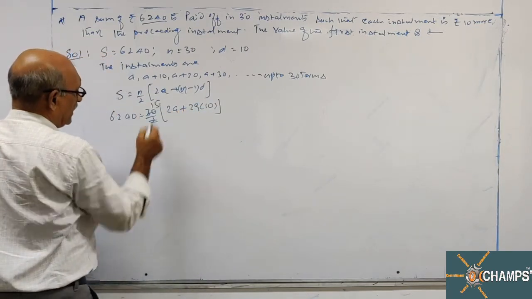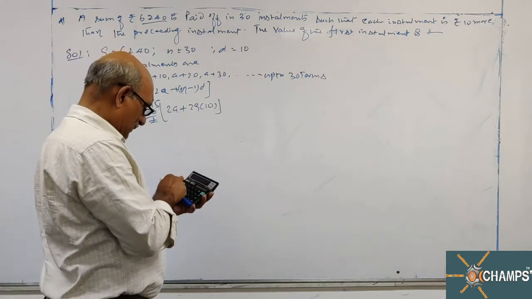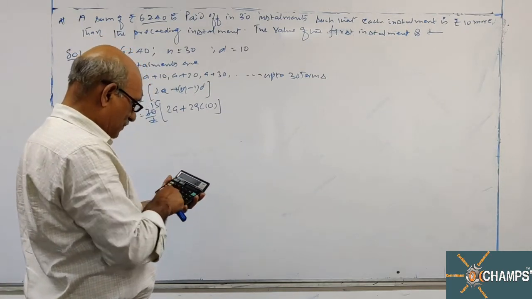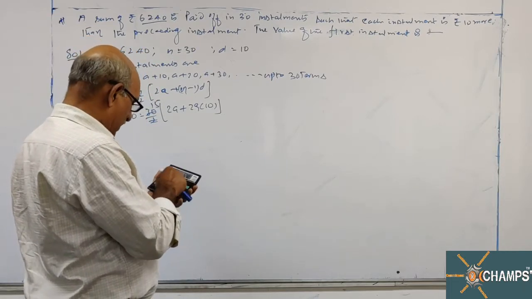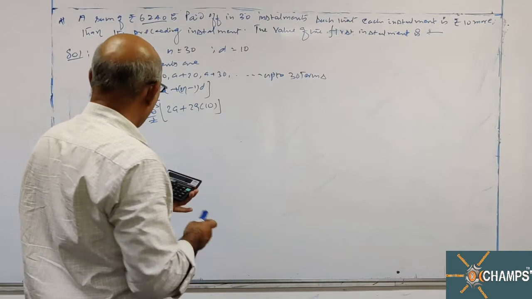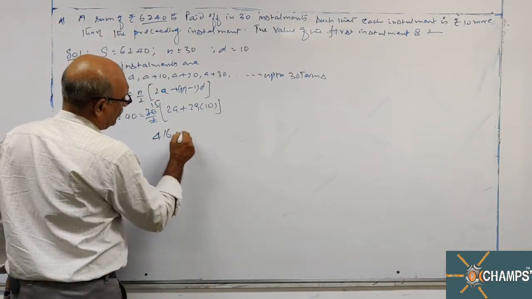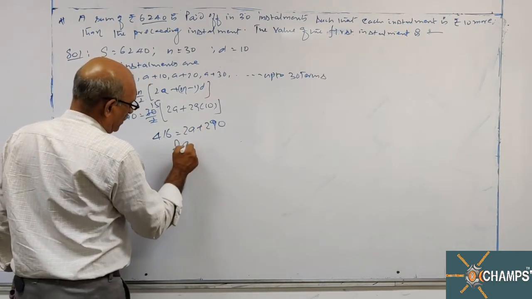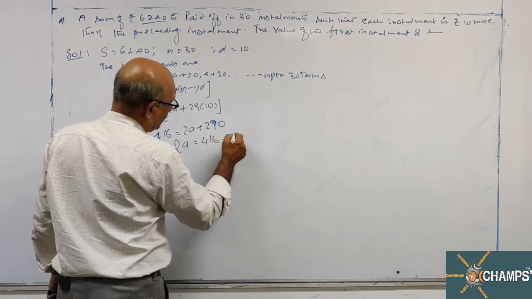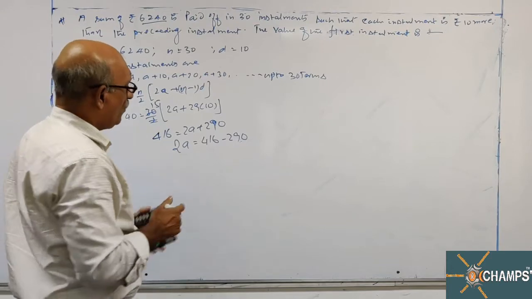It will go 15 times. 6240 divided by 15 is equal to 416. 416 is equal to 2a plus 290. 2a is equal to 416 minus 290, 126.